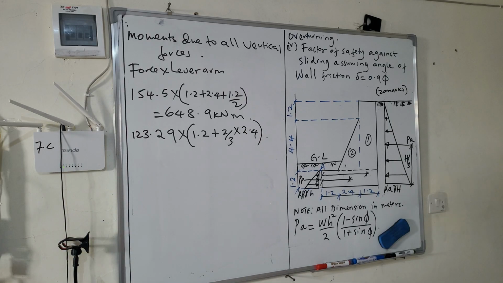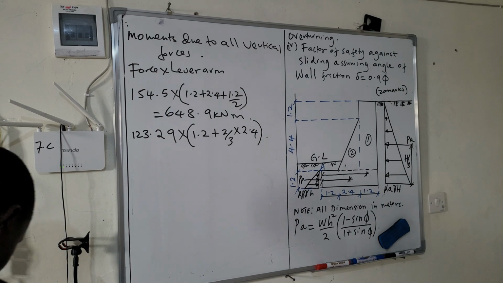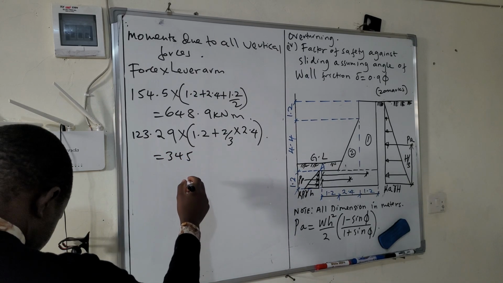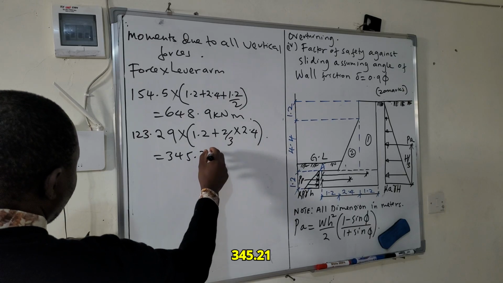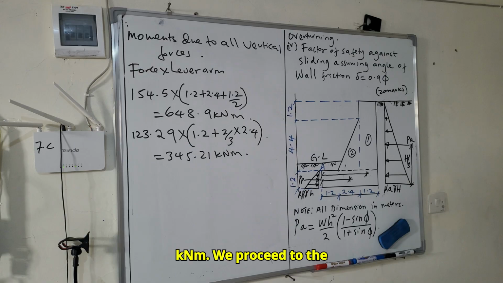If you carry out the operation, you will get 345.21 kilonewton meter. We proceed to the base.